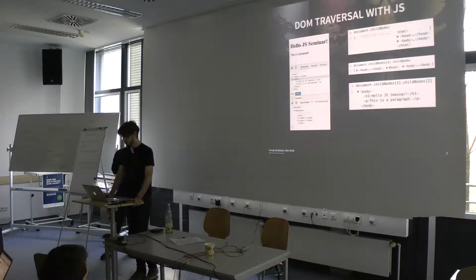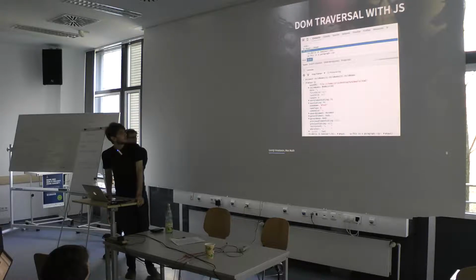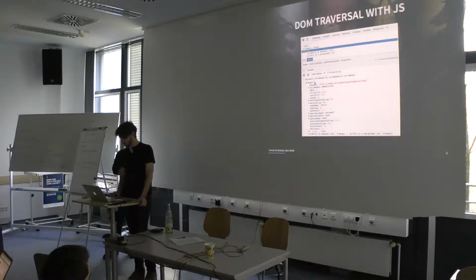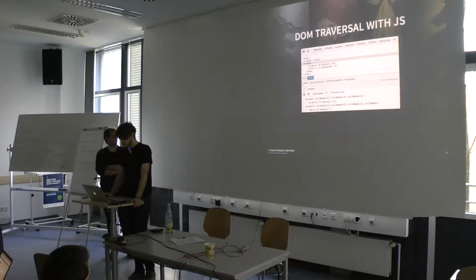If we go further to the bottom of the tree, we'll also be using these child nodes, and child nodes again. We can do it recursively, but it's not a big thing. How does the white space look? It's simply a field, which is a new line. So we go to the bottom of this Hello JS Seminar, and this is the content of this H1 block.